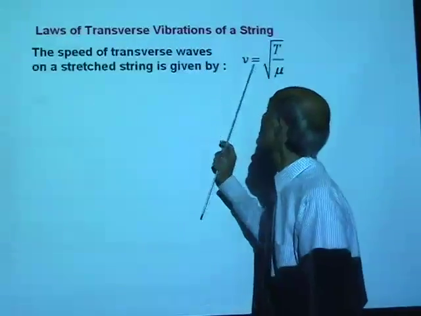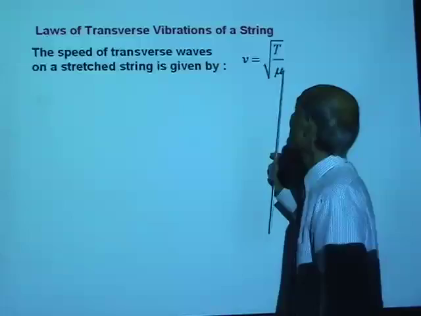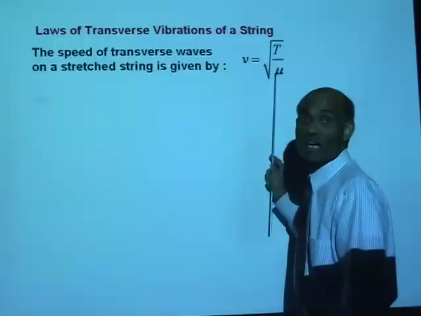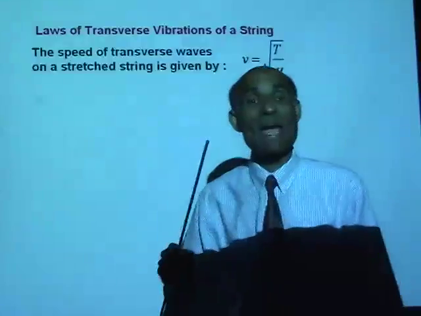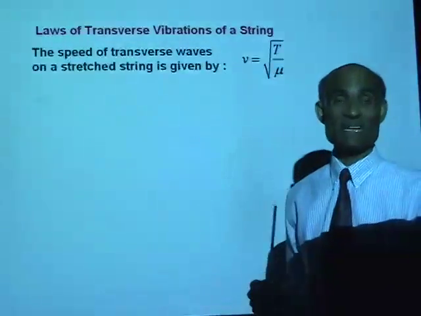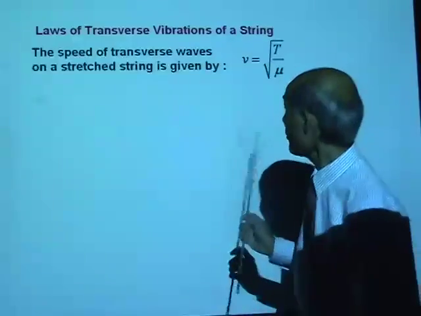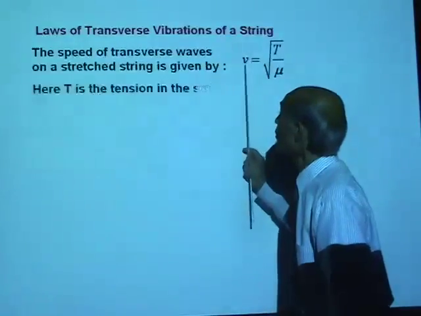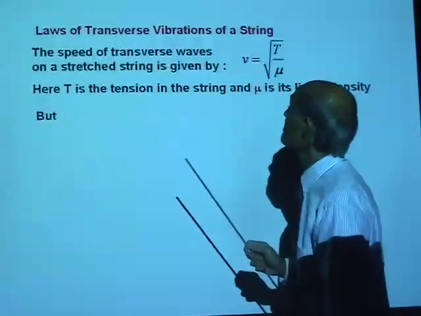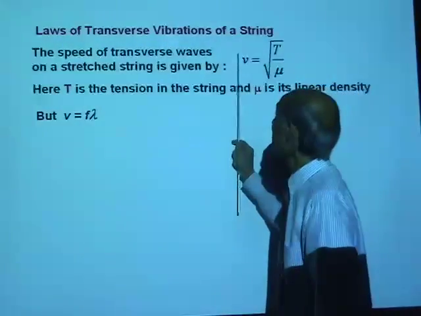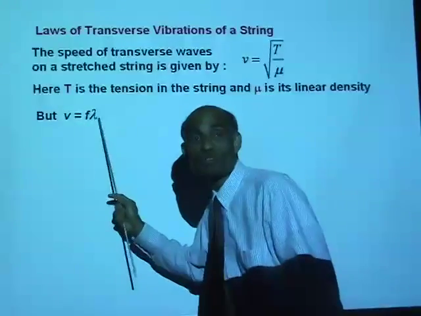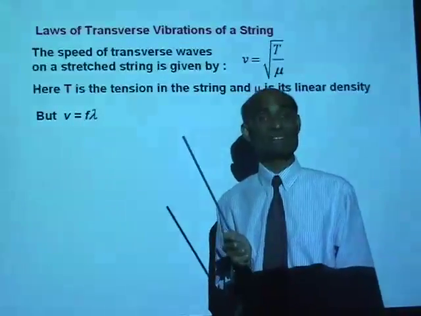What is the speed of transverse waves on a stretched string? Is V equal to square root of T over mu, where T is the tension and mu is the mass per unit length, called the linear density. But you know that V, the wave speed, equals frequency times the wavelength.